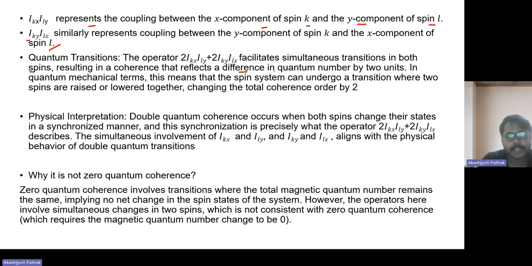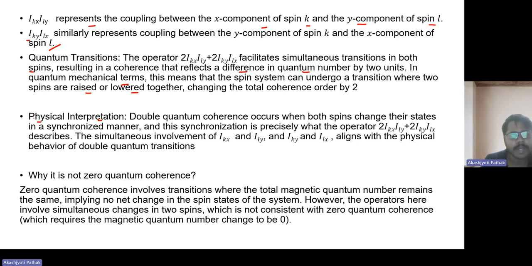In quantum mechanical terms, this means that the spin system can undergo transitions where two spins are raised or lowered together, changing the total coherence order by 2. So the physical interpretation is that double quantum coherence occurs when both spins change their states in a synchronized manner.